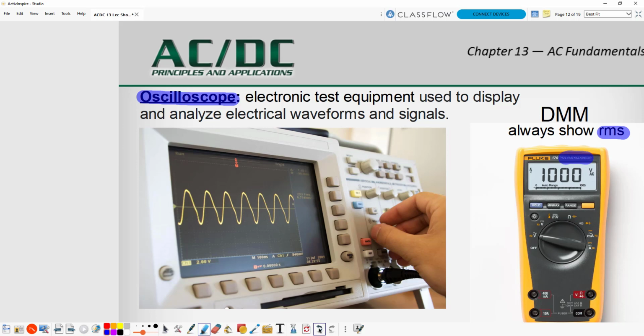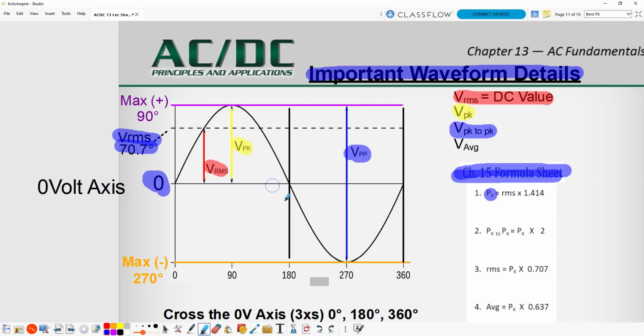So when we look back at our waveform here, we have all these different values we possibly could be talking about, whether it be voltage RMS, voltage peak to peak, or average voltage. What the meter always shows is RMS, the equivalent DC value.